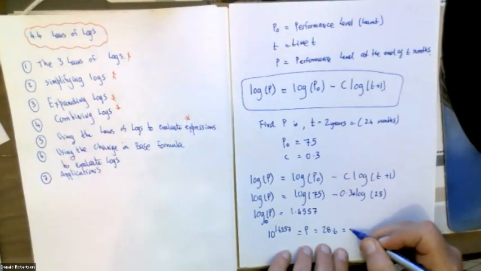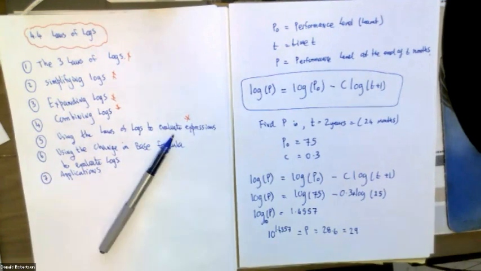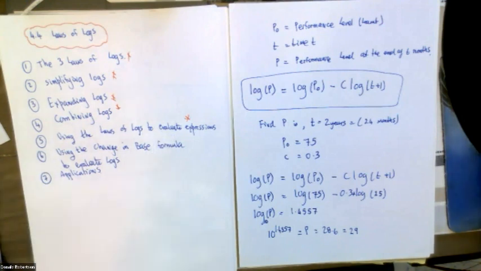And to the nearest whole number, that would be 29, which is what the homework asks you for, at least for my version of that question. And that is the end of week 8.